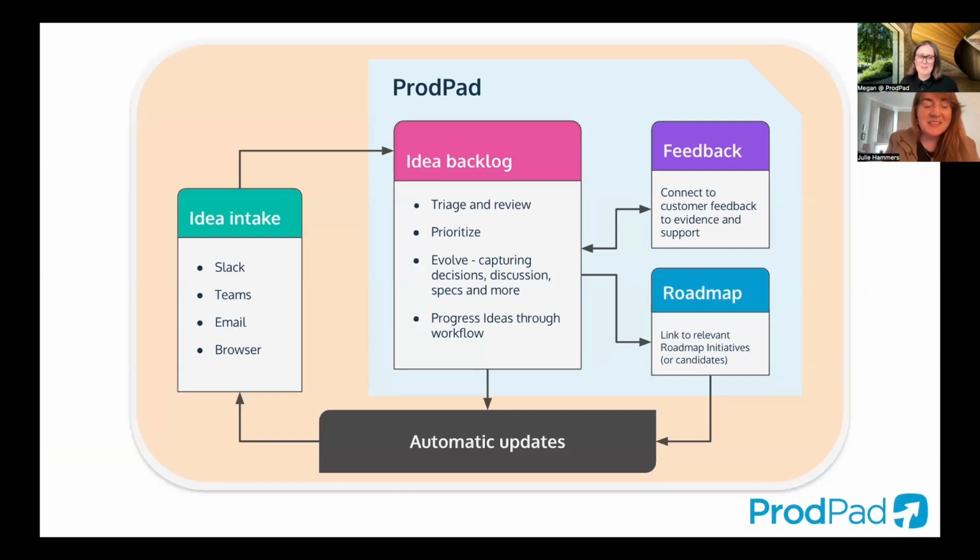Thanks, Megan. Today, the crux of what we're going to talk about is how to establish a robust idea intake process. This particular example shows how it might work with ProdPad, but generally, the idea is that, as a couple of you said in the comments, ideas come from all kinds of places.